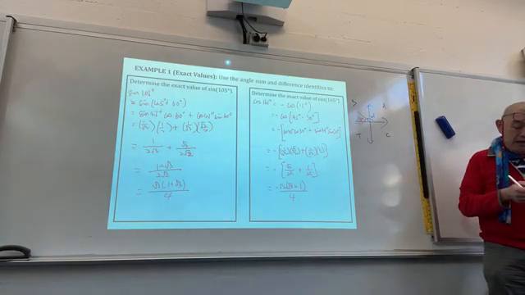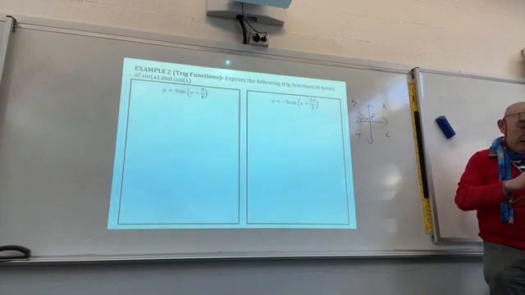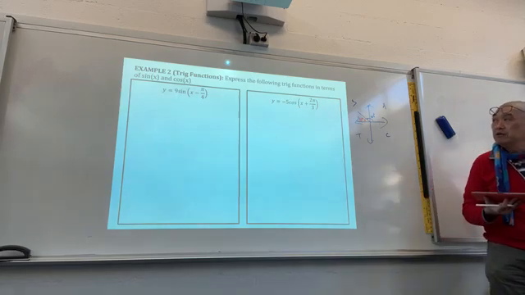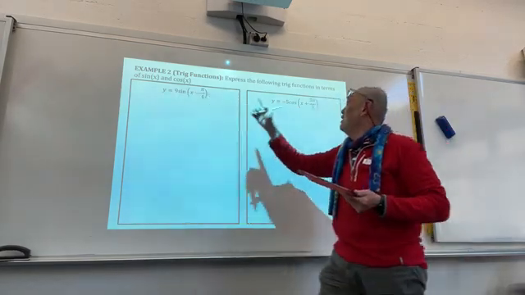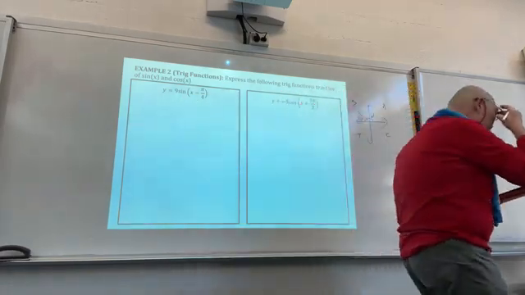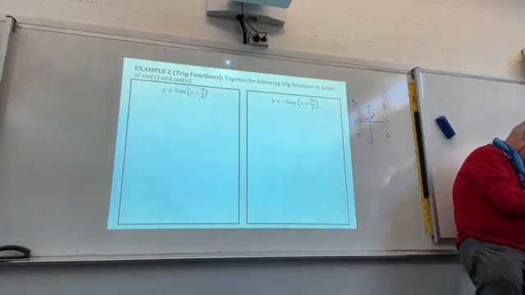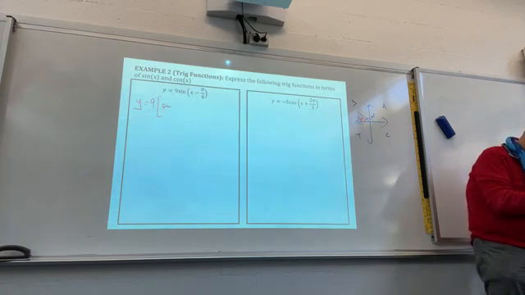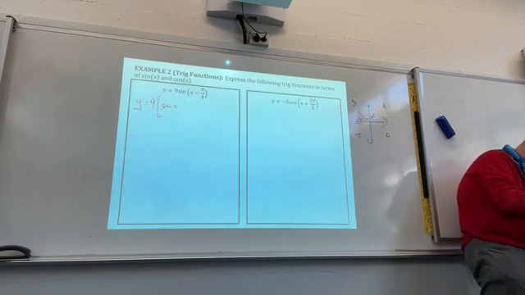Four more examples, and then I will finish off there. Now, what about this? Can you express the following trig function in terms of sine and cos? So I want it in terms of sine and cos, so you need to use your angle sum and angle difference. Therefore this is 9 times (sine x cos pi over 4 minus cos x sine pi over 4).